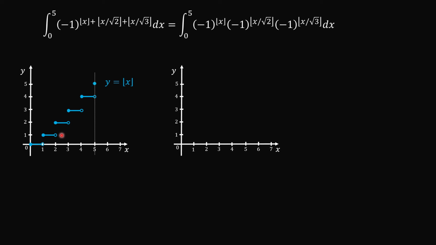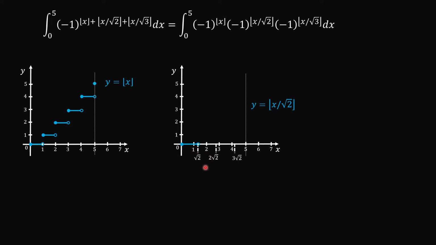And then for y equals floor of x over root 2, we have to introduce intermediaries between the 0 and 5 integration domain. So we have root 2, then 2 root 2, and then 3 root 2. From 0 to root 2, in that entire stretch, the value of y is 0.